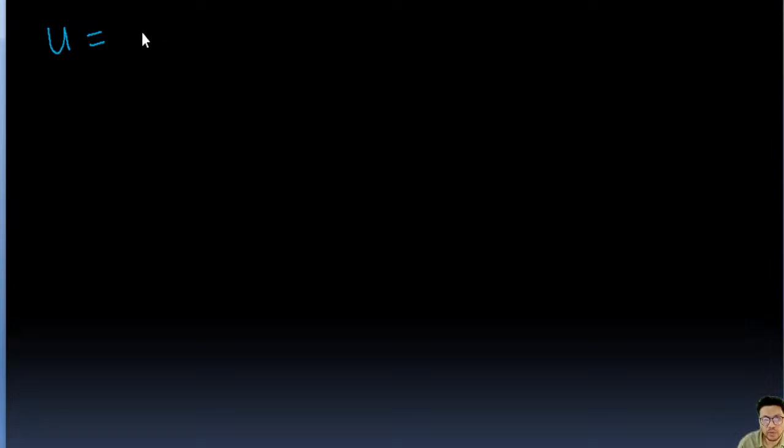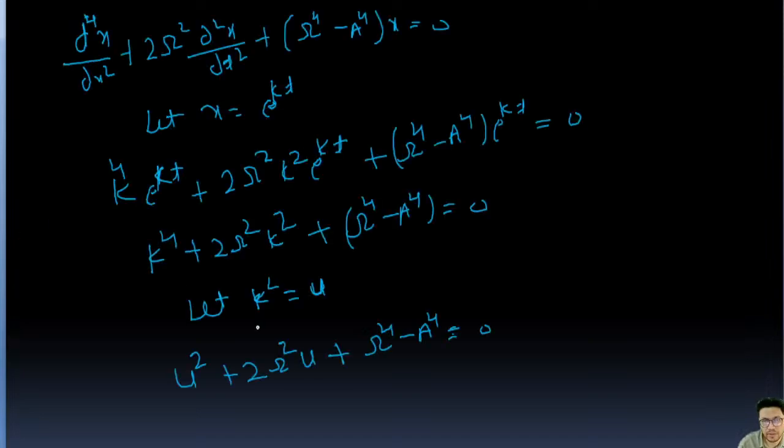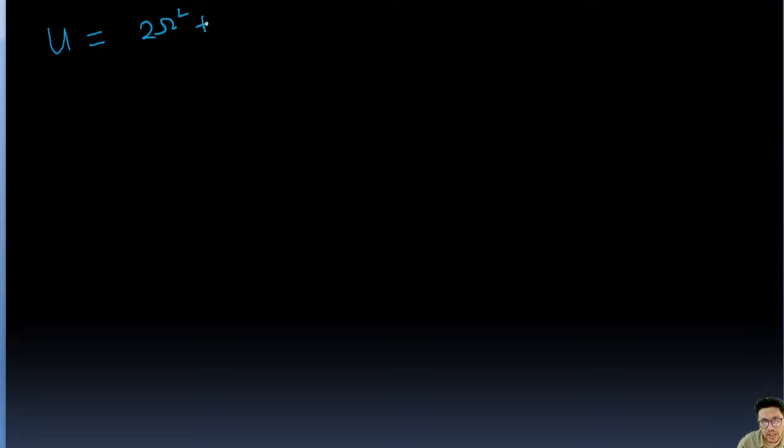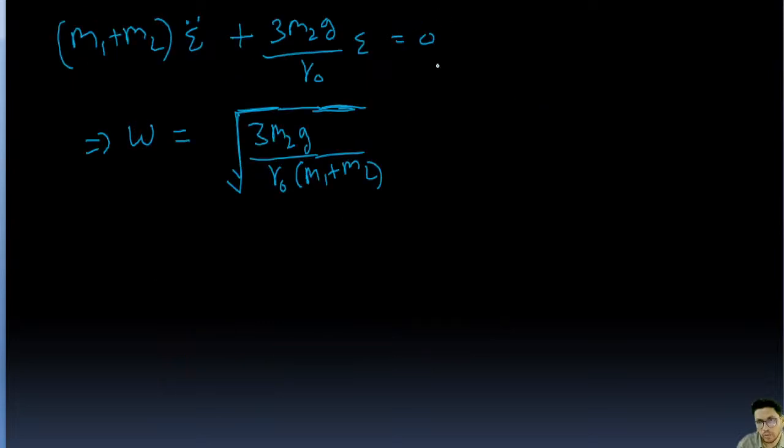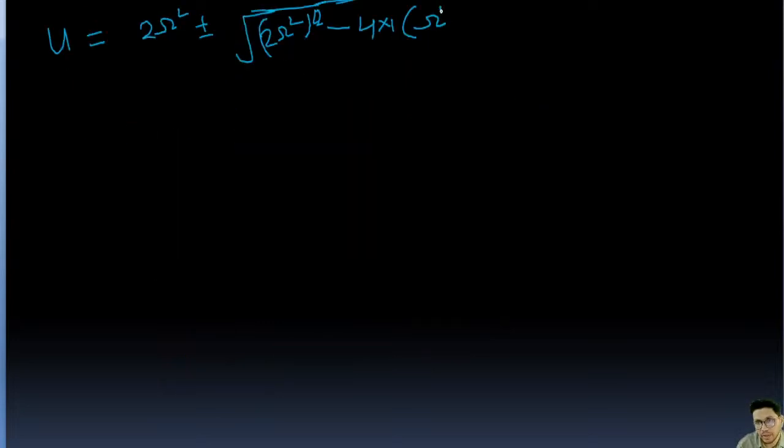Here b is 2 omega square, so b square is 2 omega square whole square, minus 4ac, where a is 1 and c is omega to the power 4 minus a to the power 4, all upon 2a.